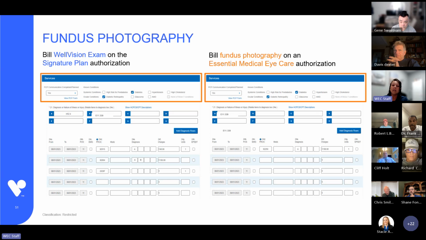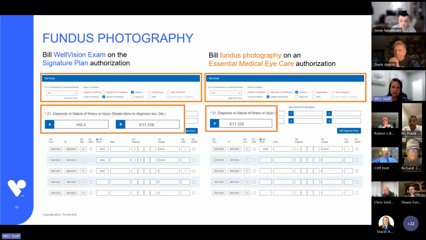Remember, in this slide, the left-hand side's one claim, the right-hand side's a totally different claim. So in this example, our diabetic patient now has diabetic retinopathy, so you're going to be sure and click those conditions appropriately.